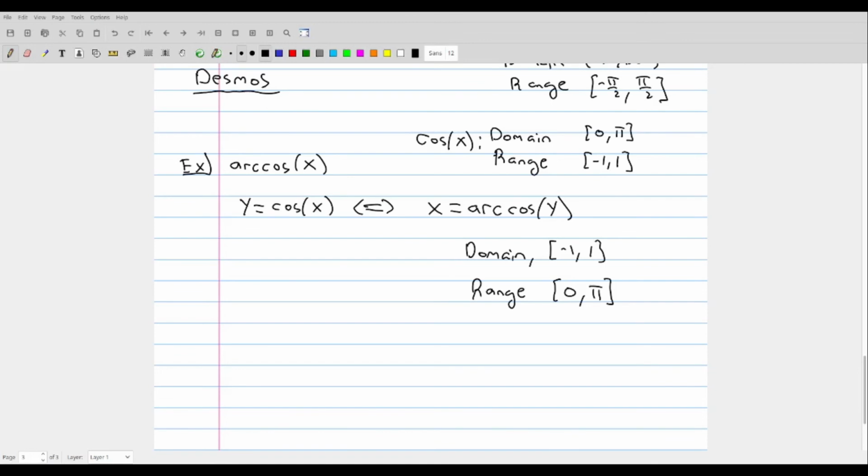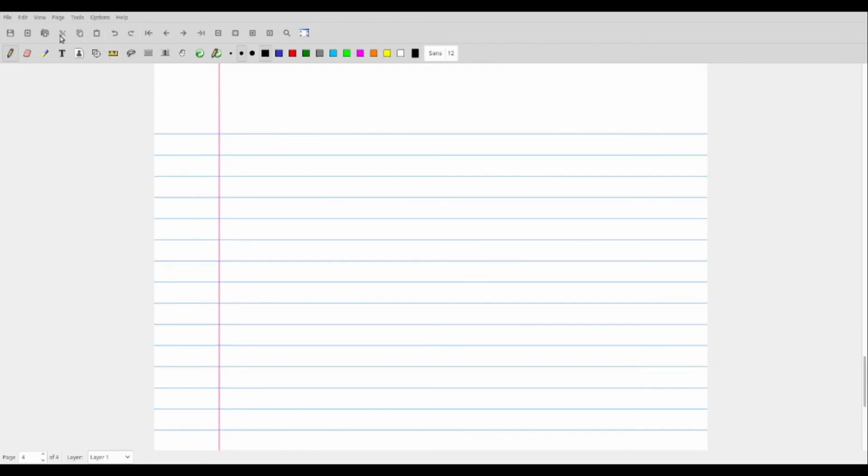But we can look at an example of how to combine these. Using a combination of these trig functions and the inverse trig functions, you can get very, very powerful relationships. So let's say, for instance, you want to express the following.